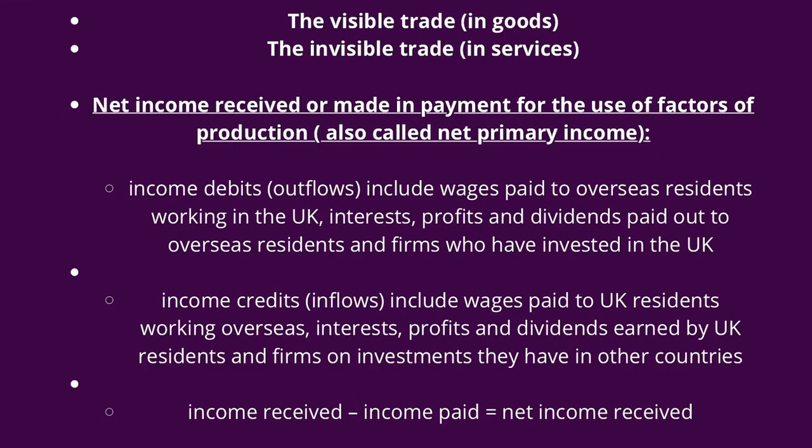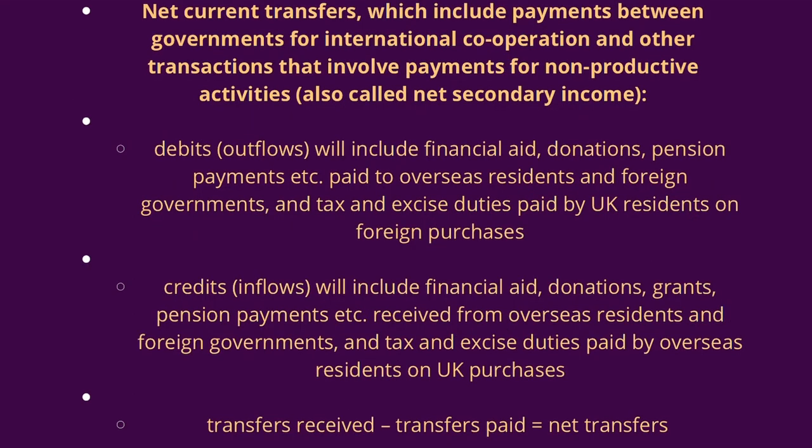Then income credits, inflows, include wages paid to UK residents working overseas, interests, profits and dividends earned by UK residents and firms on investments they have in other countries. Income received minus income paid is equal to net income received.